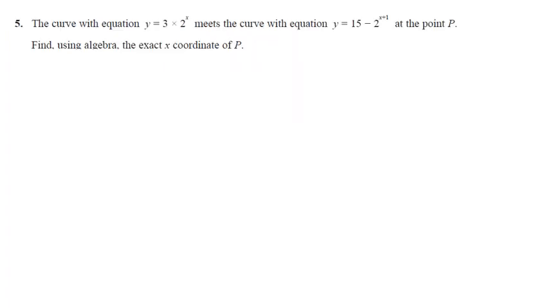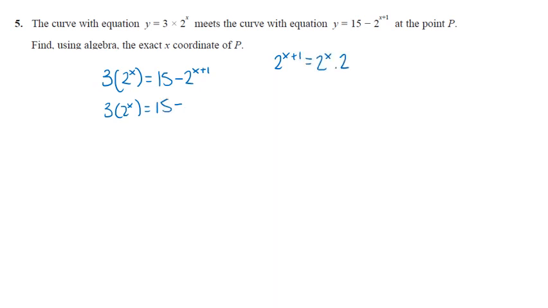Question 5. Two curves meeting, so we're just going to equate both of those. So 3 times 2 to the x is equal to 15 minus 2 to the x plus 1. Well, 2 to the x plus 1 is the same as 2 to the x times 2.